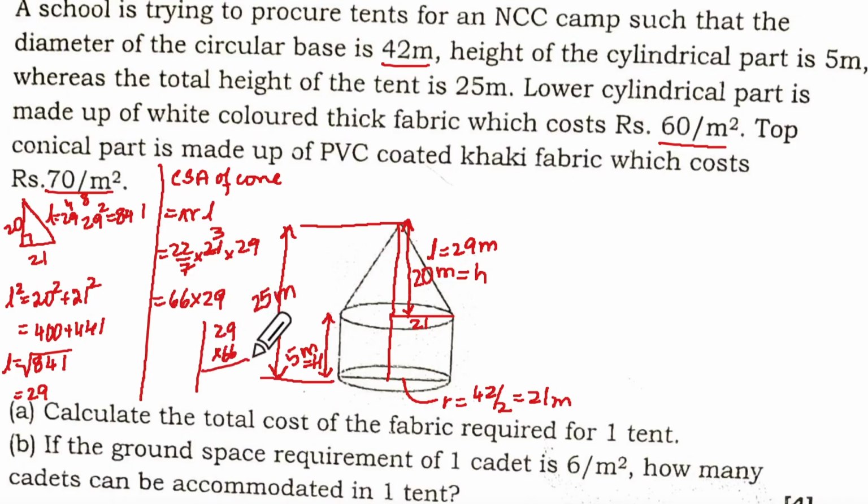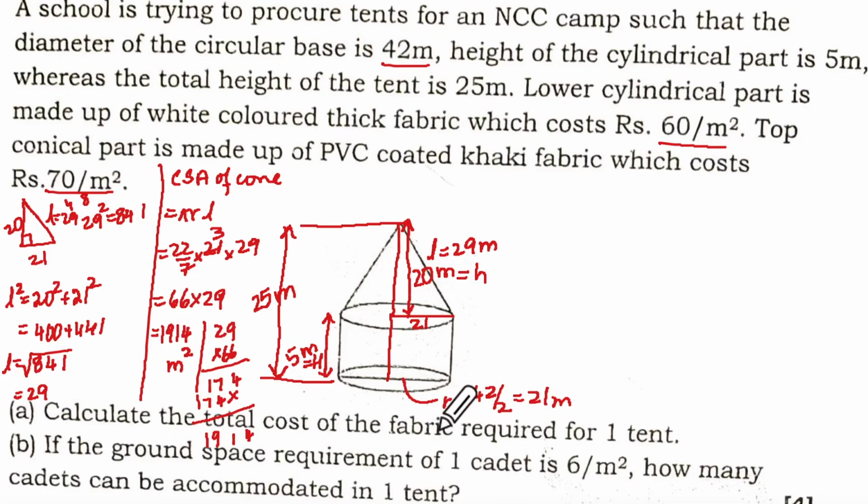Remember to multiply by multiple of 11. 6 nines 54, carry 5, 6 twos 12, and 5 17. Repeat these digits. How much are you getting here? 1914. 1914 is absolutely right. Meter square. That is CSA of the cone.